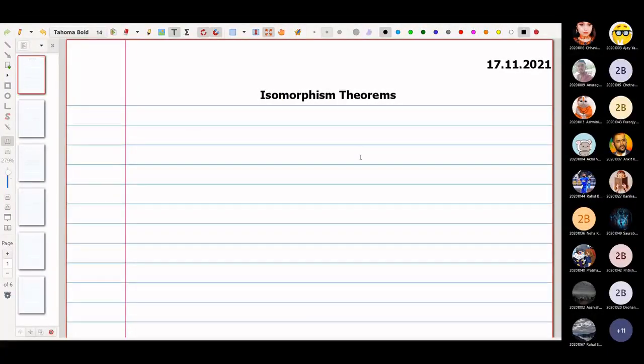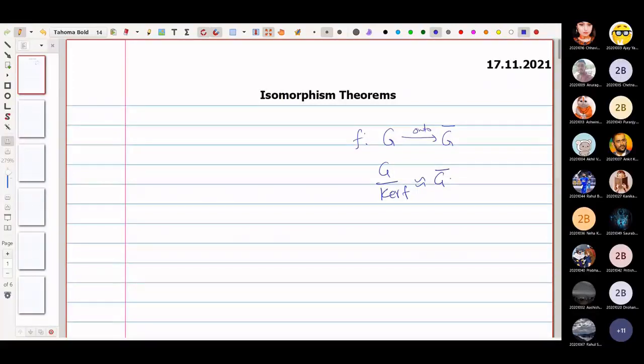Yesterday we talked about the theorem on isomorphism, and we saw that if there are two groups G and G bar, and there is a homomorphism f from G onto G bar, then the quotient group of G with the kernel of f is isomorphic to G bar.